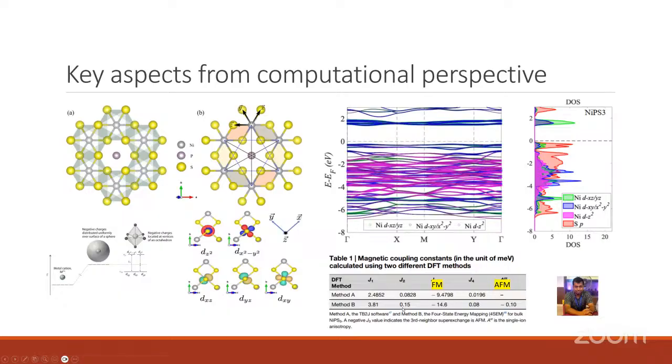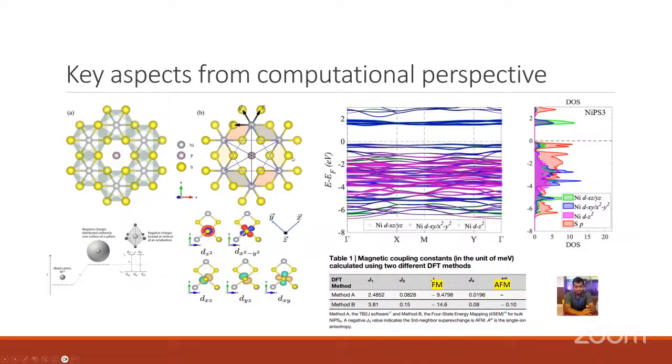So I show an example from one of our former works to estimate the spin interactions of an MPX₃. Two different methods, both on top of fitting the band structure using the first principle method, give similar coupling constants, but quantitatively different values.